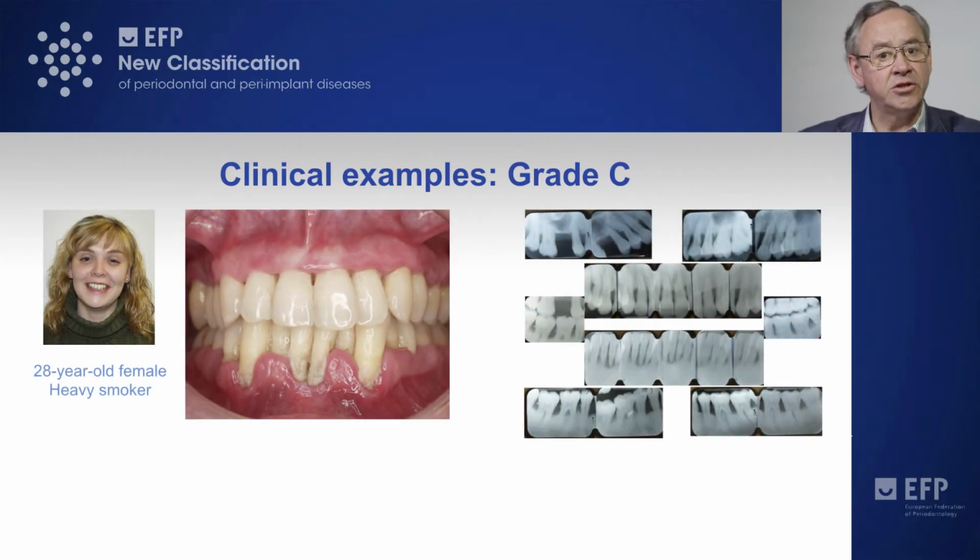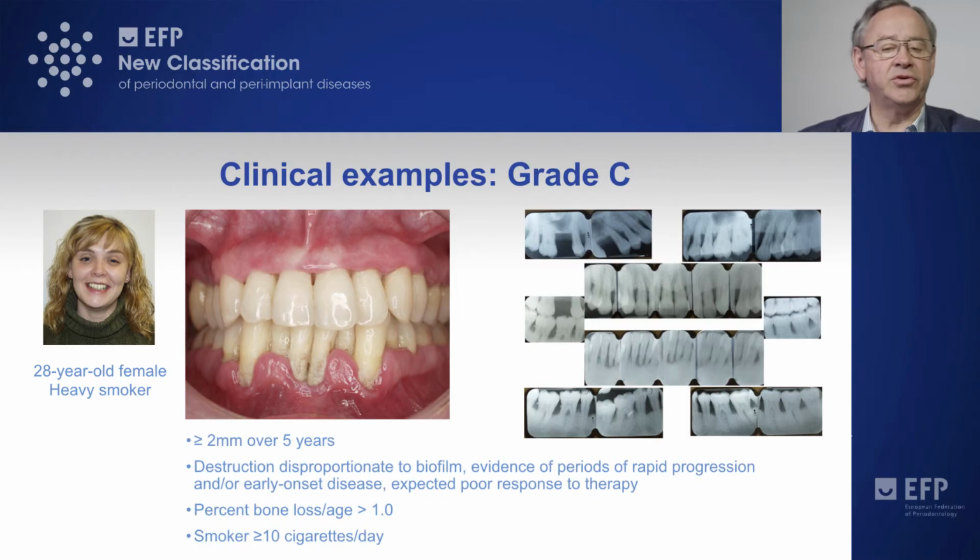This is a young patient, 28-year-old female, heavy smoker, and as you can see by the clinical and radiographic records, this is a patient that has lost definitely more than 2 millimeters over the last 5 years. Even though the destruction may be proportionate to the level of biofilm deposits, due to the age, we can ascertain that the progression has been a very rapid progression.